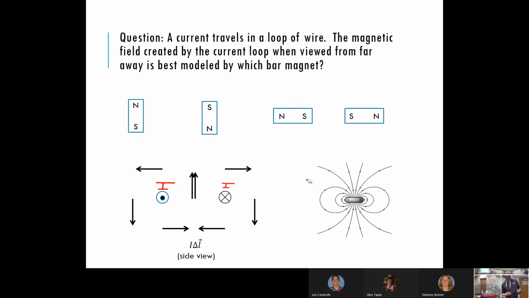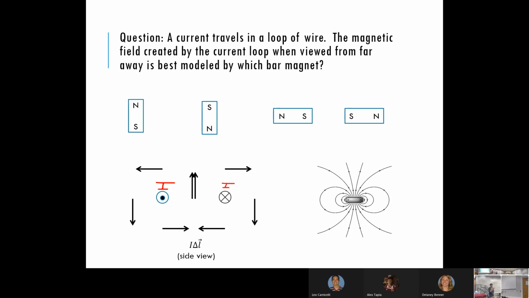So based on just the magnetic field, so again, I was saying, I don't care how the magnetic field's generated. What I care about is which arrangement gives the same magnetic field. Now I put this in because this is kind of how we think about it. In reality, it's a current carrying loop that generates the magnetic field. But we could conceptualize it simply as a tiny bar magnet.